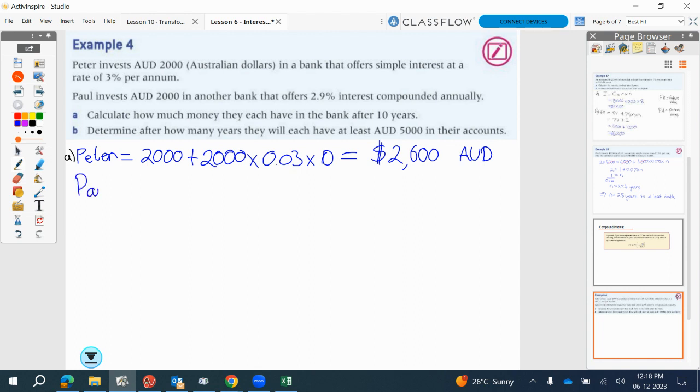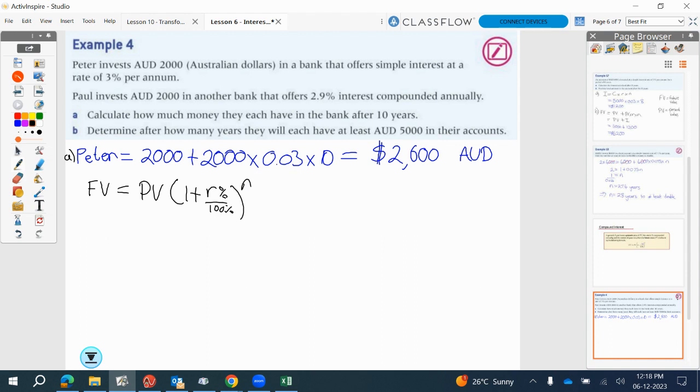Paul. So what's the formula? Let me do this generally. Let's write the formula up. The future value equals the present value times 1 plus R% divided by 100% to the power n.